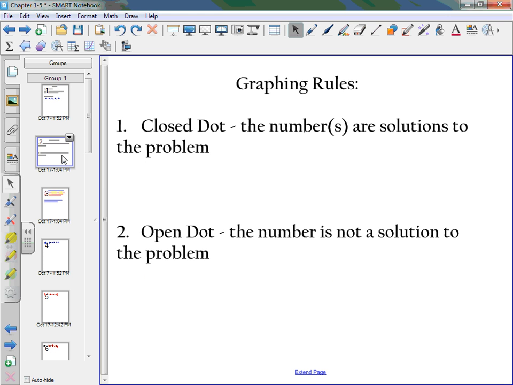Closed dot means the numbers are solutions to the problem, meaning it's allowed to equal it. Open dot means the number is not a solution to the problem.